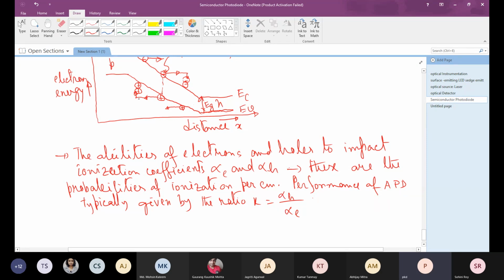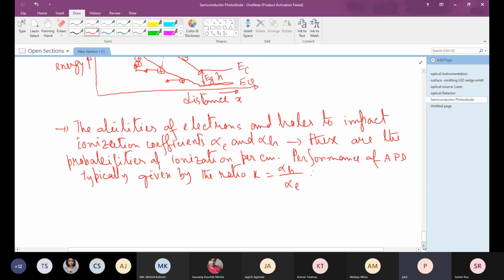To get them collected, the holes need to be forwarded through the P zone and the electrons through the N zone, and finally collected by the external circuit of current measurement or voltage measurement.